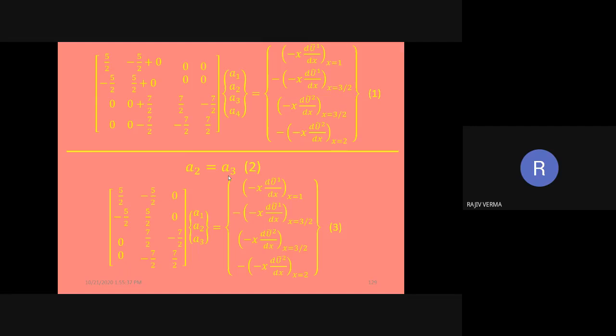So just giving you a thumb rule: if you are adding column number 2 and column number 3, you should also add equation number 2 and equation number 3 to have a symmetrical matrix. This is the thumb rule which you should remember.